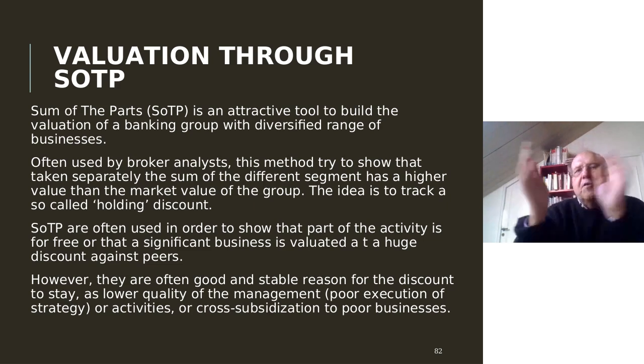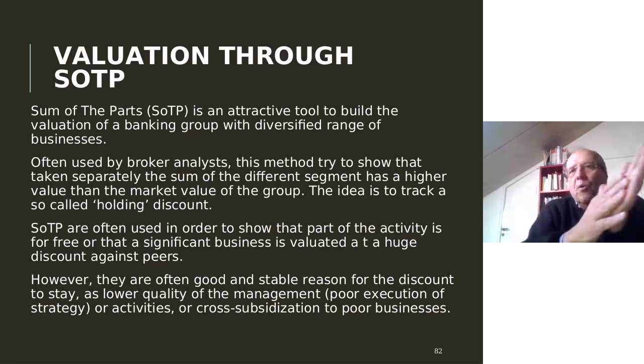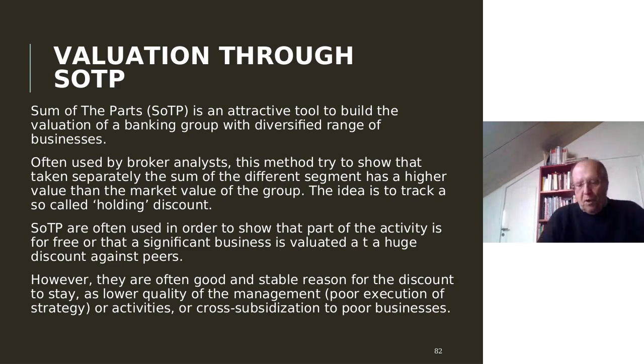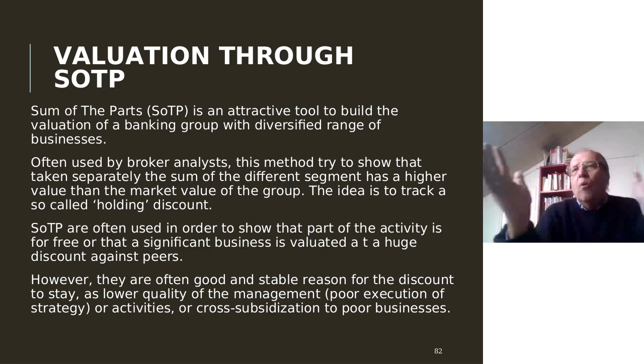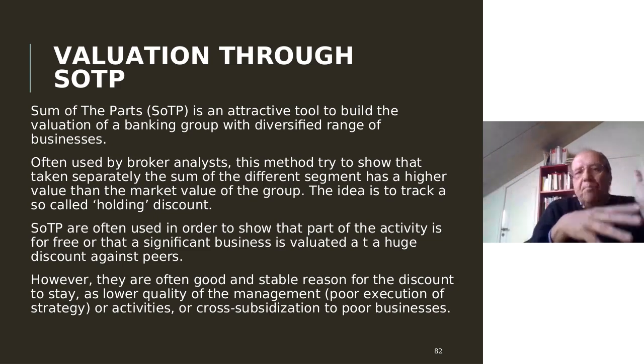For example, you have a bank like HSBC, a big bank, but you have a part in Hong Kong, a part in China, a part in India, Singapore, another part in the Middle East, another part in the UK, another part in the US, etc. So you can make a valuation of the different entities on a separate basis, then aggregate all together, and then produce a combined value. It could be by geography, it could be by business.